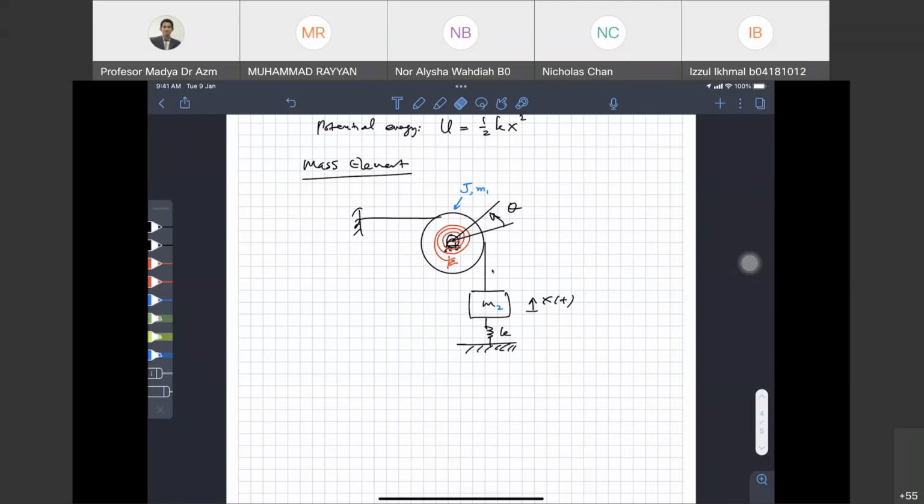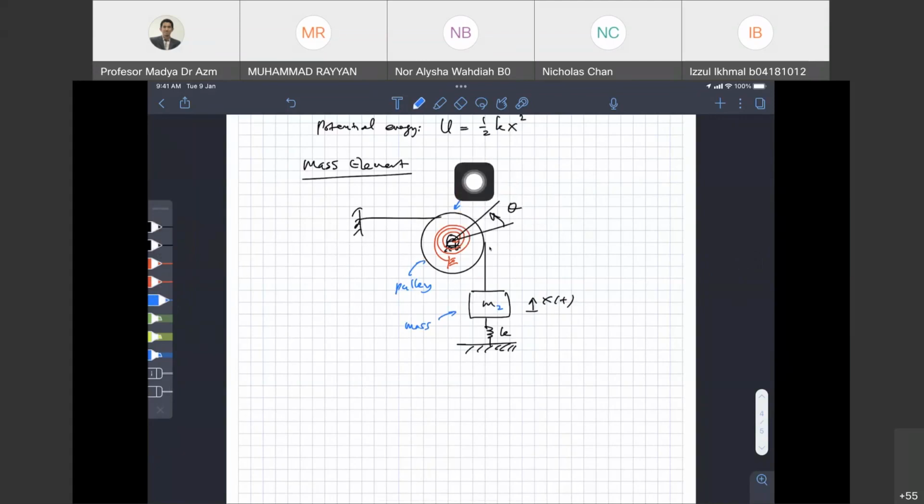One. One. Which one? The M2. M2. What about M1? So we have two element of mass. Yeah? So the first one is the pulley itself. Pulley. And also this mass. So we have two element of mass.